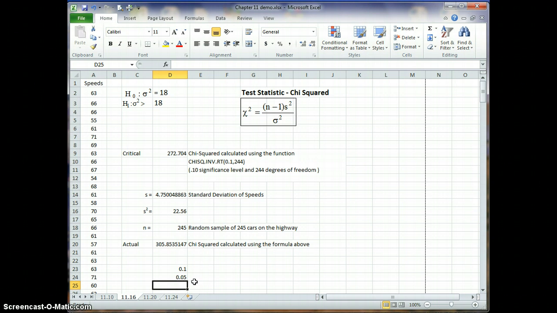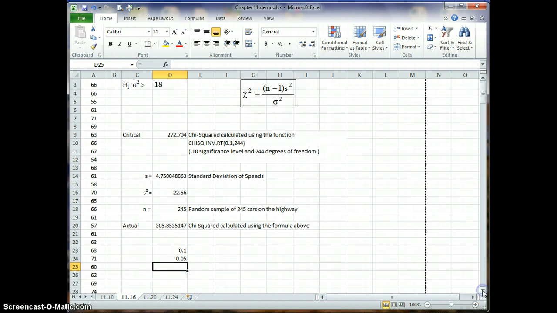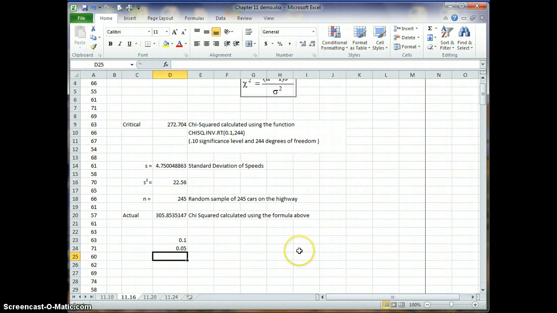And once we have that, then the way I want to do this calculation to give you both the high and the low of it would be, and we'll say 244 for degrees of freedom. So I'm going to just use this.